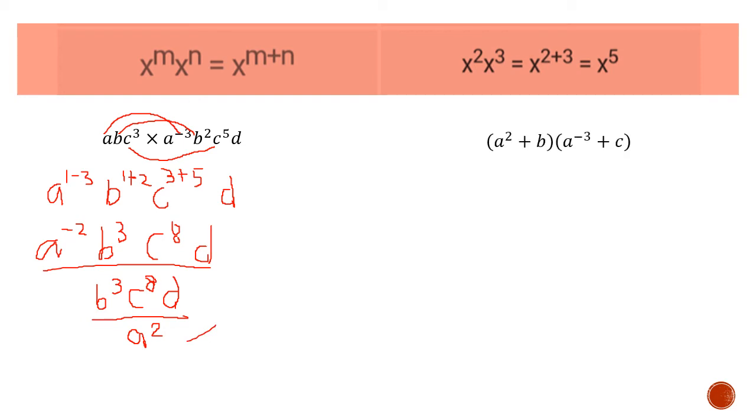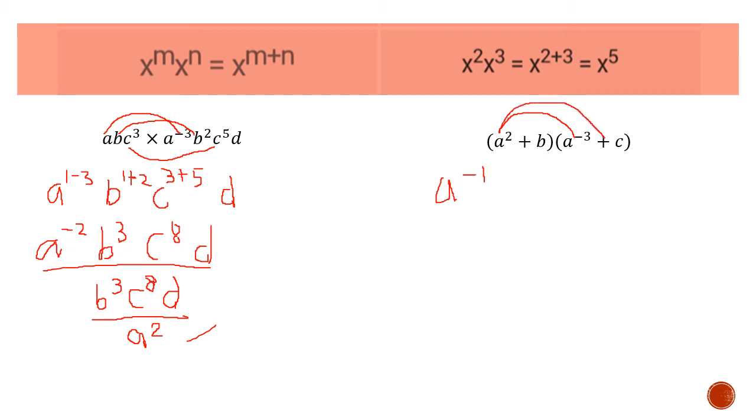So a squared plus b multiplied by a negative 3 plus c. So applying the FOIL method, so a 2 multiplied by a raised to negative 3, we have a raised to negative 1.